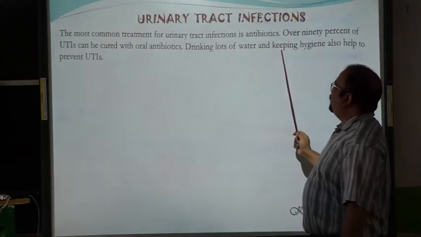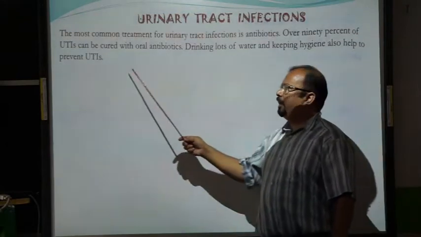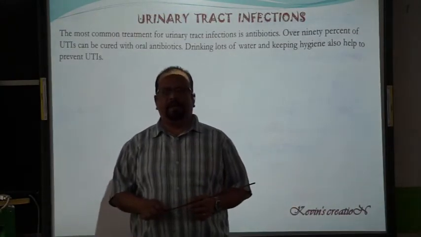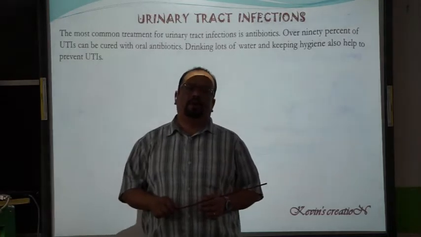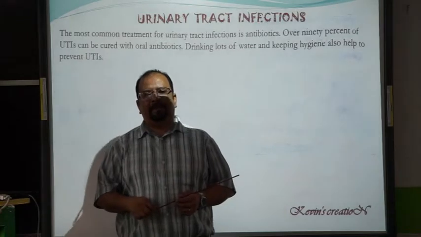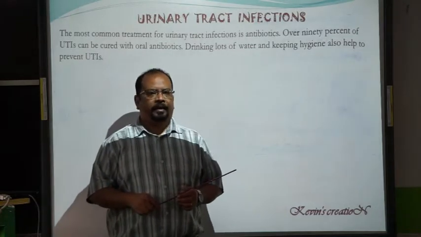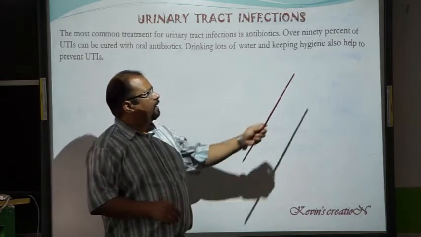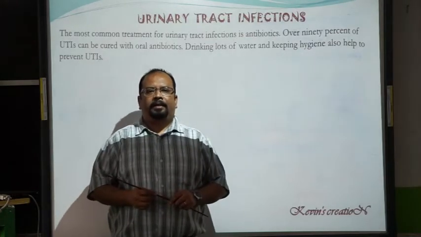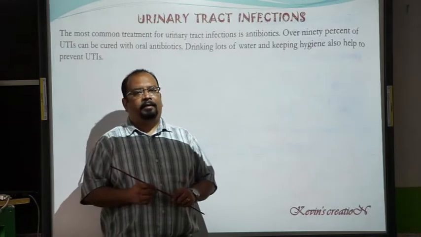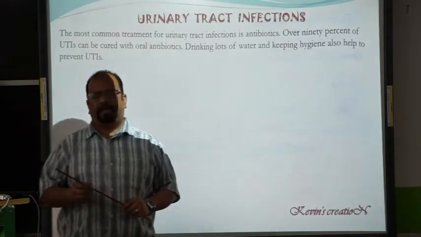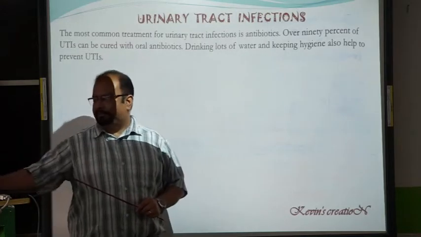Drinking lots of water and keeping hygiene also helps to prevent UTI. So when a person suffers from UTI, they have to take a lot of water. Otherwise also, if a healthy person takes lots of water and maintains hygiene, then the person will rarely get this type of infection. So it is better to take lots of water every day.